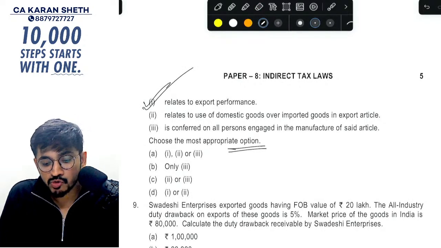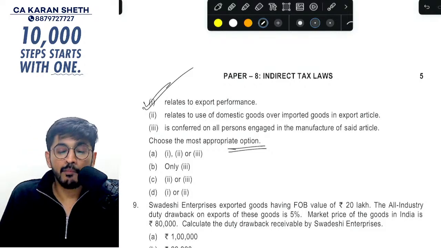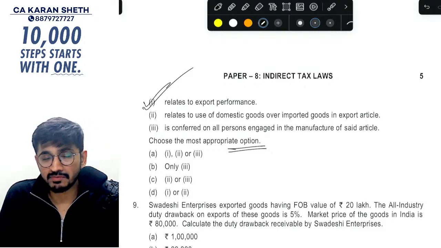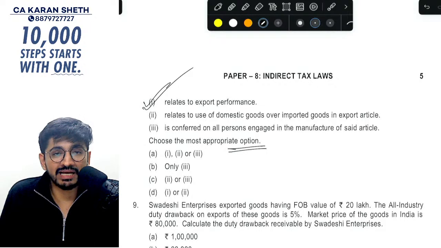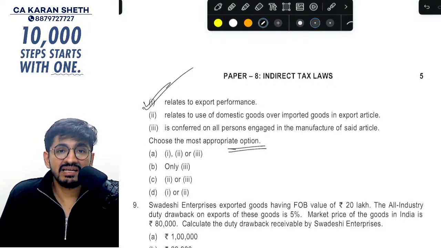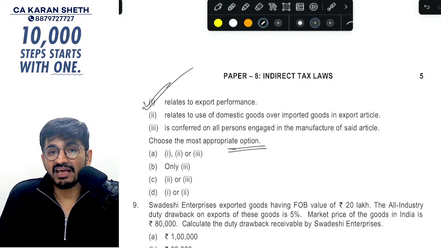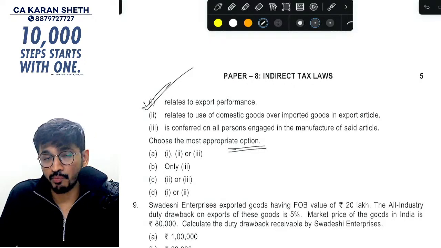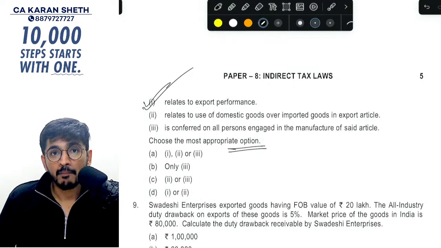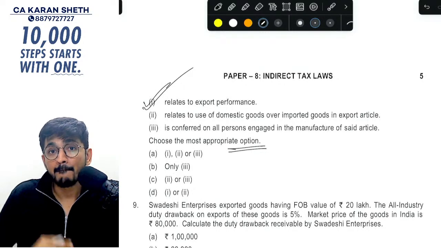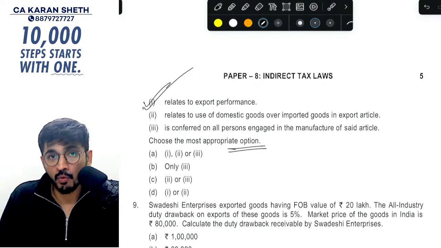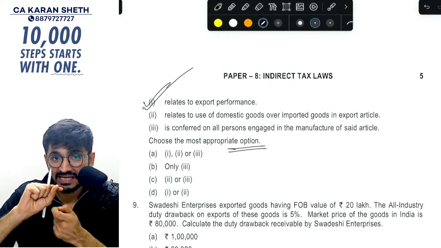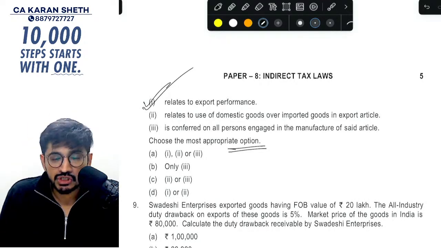Second, it relates to use of domestic goods over imported goods in export articles. To give you some context, let's say there's this Chinese government which is supporting the export of batteries. Battery happens to be finished goods, but it will give the battery manufacturer subsidy only when they use the battery cells which are manufactured in China.